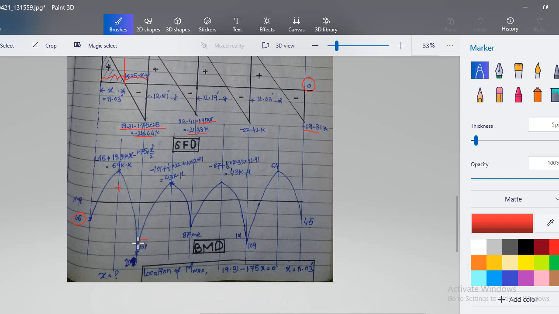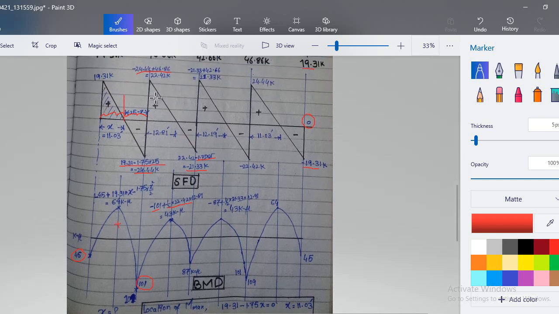This 101 is already known to us, so we have to find this 43. So 101, this is negative moment, plus this shear area. Basically they add this shear area. Remember, you can find this 64 by just adding this shear area, or you can write down this equation. So there are two ways to calculate this 64.